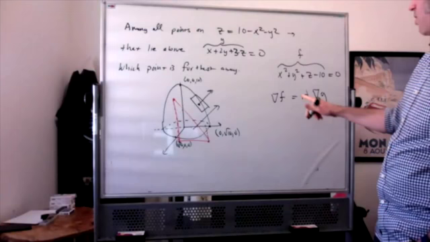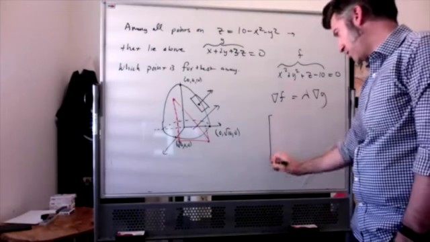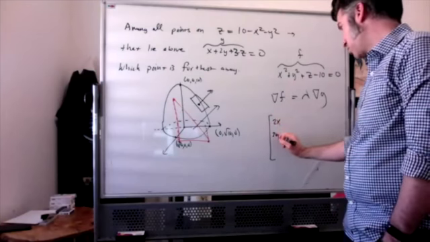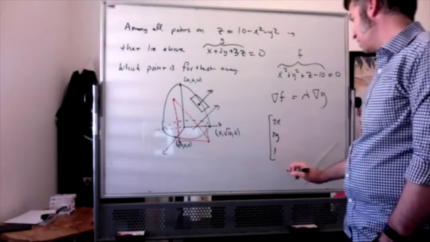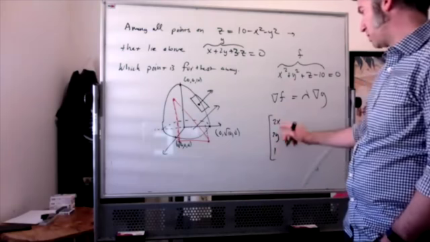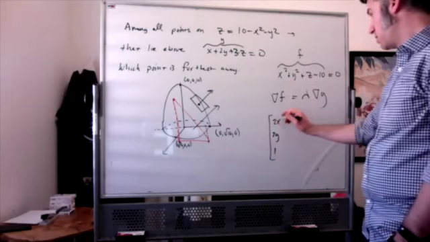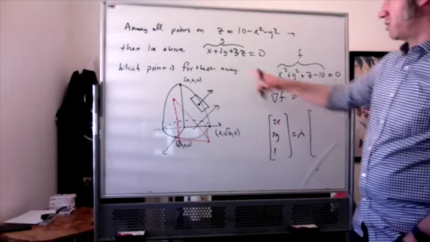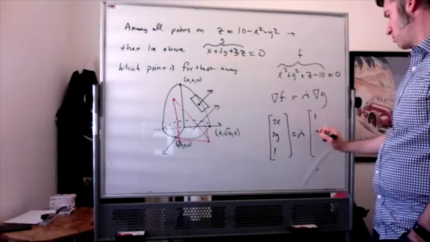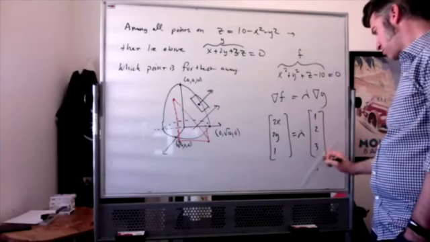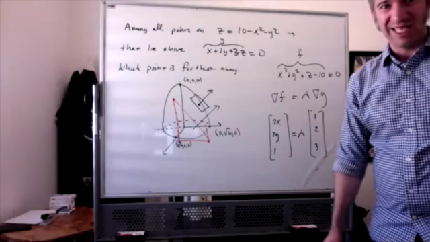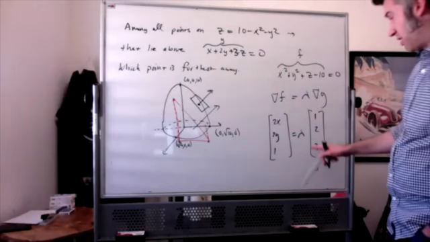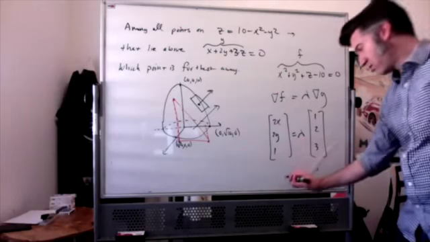So the gradient of f is 2x, 2y, 1, equal to lambda times the gradient of g, which is 1, 2, 3. Well, that's easy enough to solve because lambda has to be 1/3.